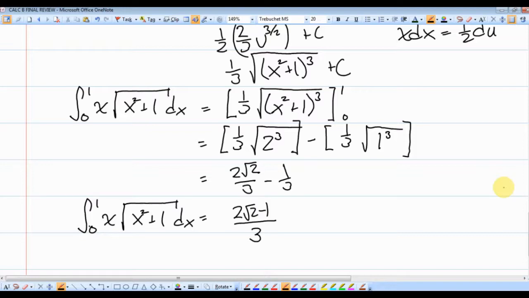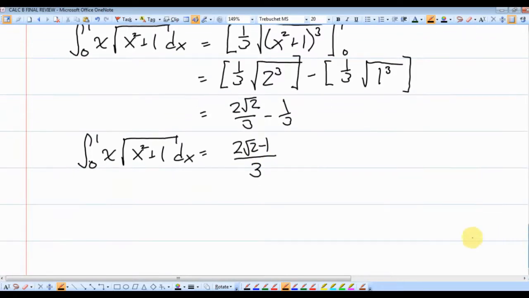All right, let's look at number 5. You have the integral from e to 4e, 1 over x dx. It's supposed to make a lot of students uncomfortable to have e and 4e over there. It does.